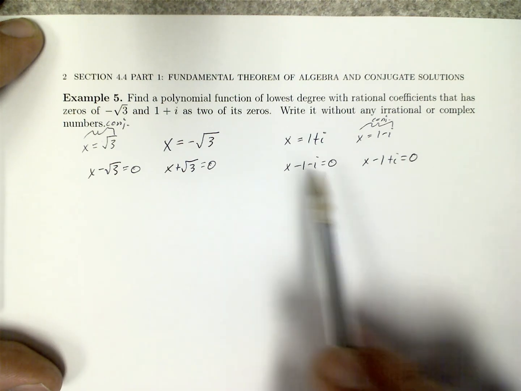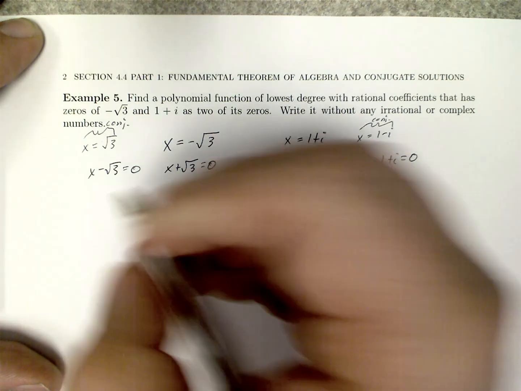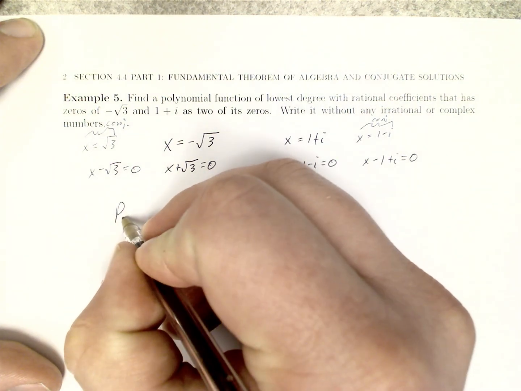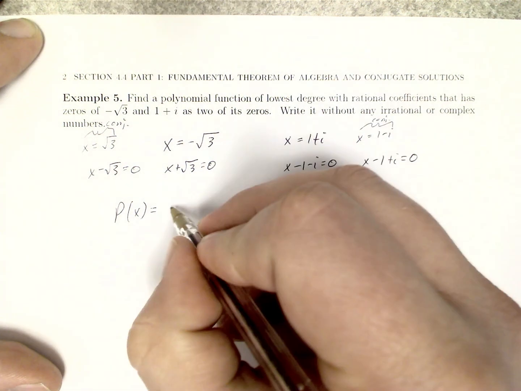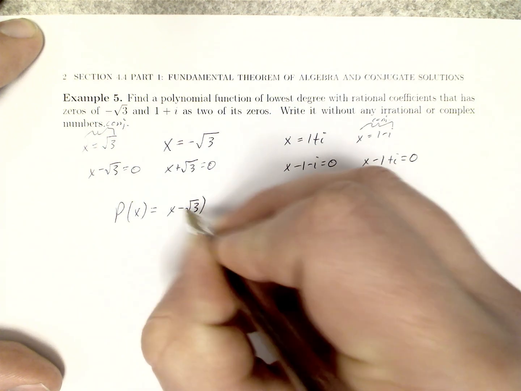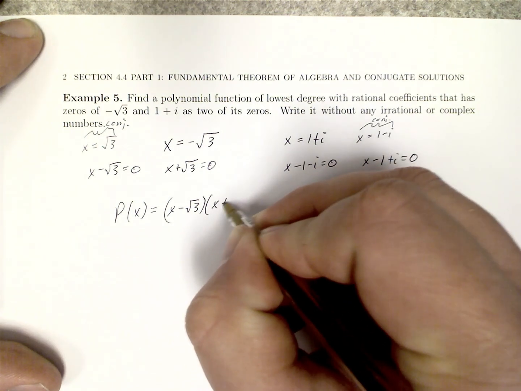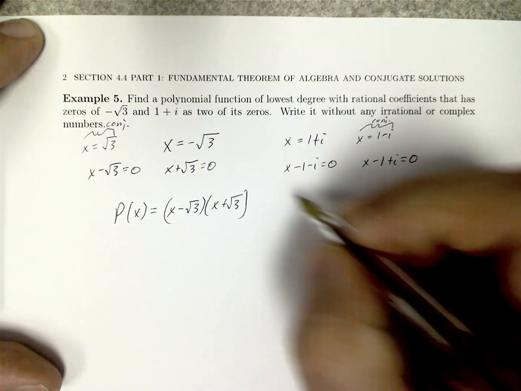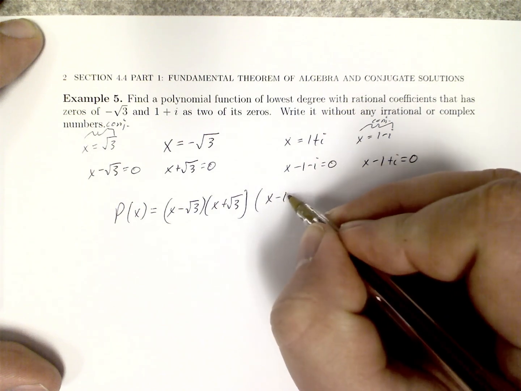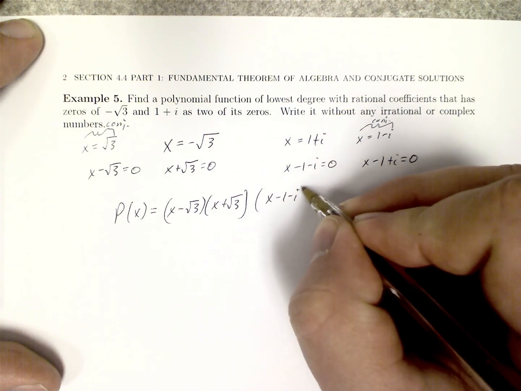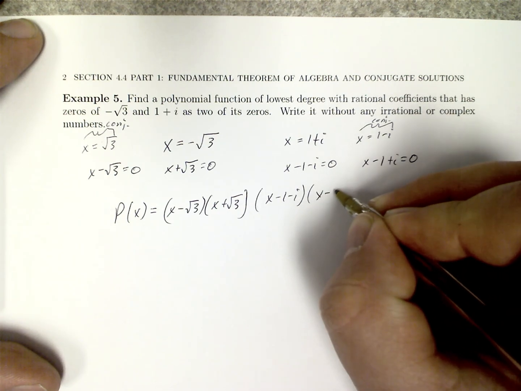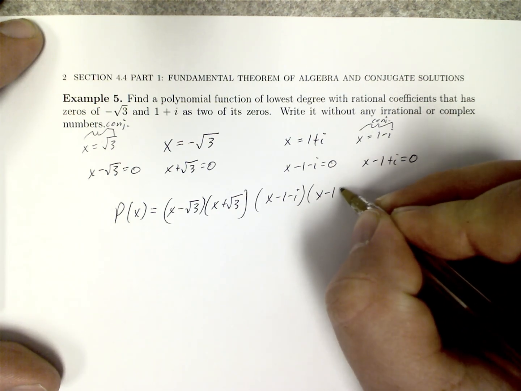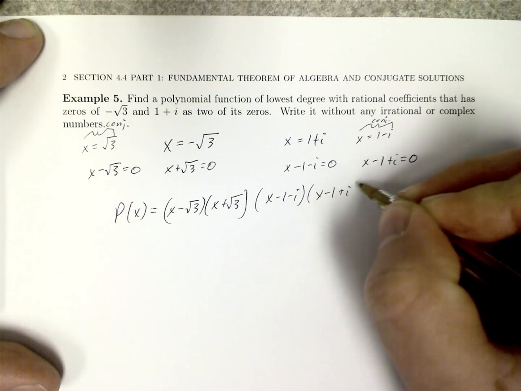So we're going to actually have a polynomial of degree 4. It's x minus the root of 3 times x plus the root of 3 times x minus 1 minus i times x minus 1 plus i.